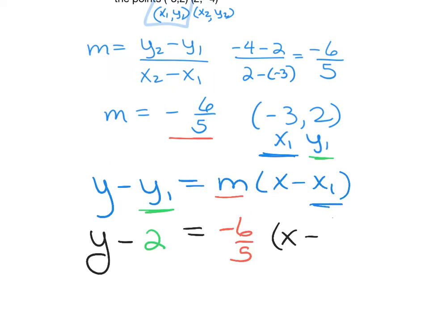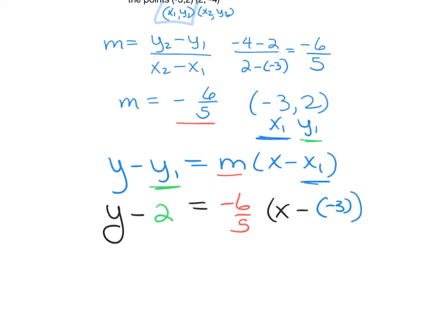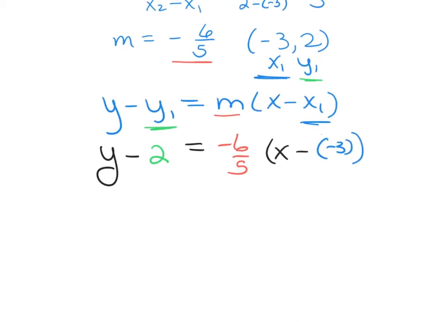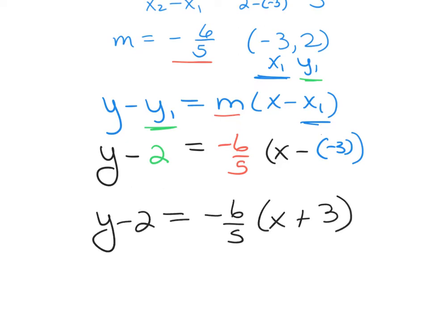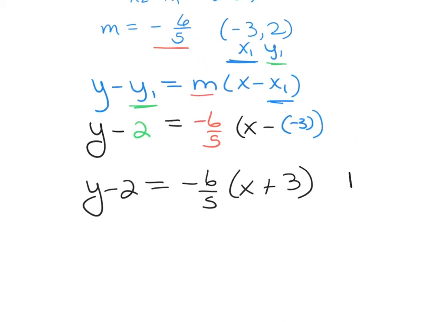My x1 is -3, and that negative is going to become a positive. If it says point slope, the only thing I'd expect you to simplify is that negative, make it a plus sign. So this would be the point slope form of that equation.